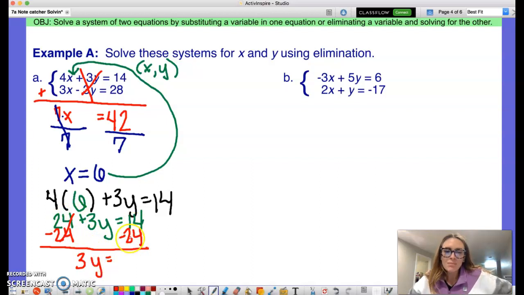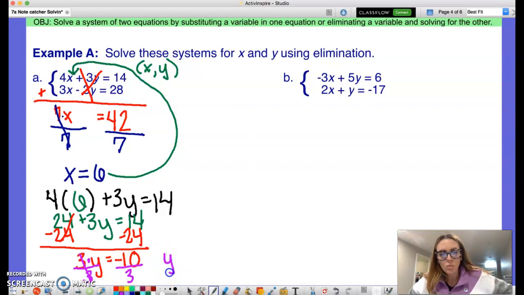And when y is by itself, it is 3y. And 14 minus 24, use your calculator if you need to. You're going to get a negative number. It's negative 10. Now, I want 1y, and I actually have 3 y's here. So I know the opposite of multiplication is division, and that 3 over 3 is 1. And what I do to the left, I have to do to the right.